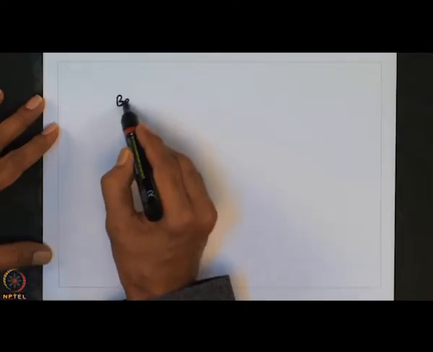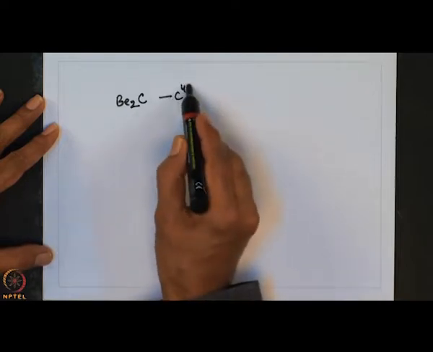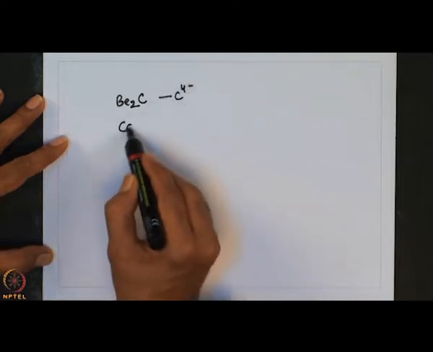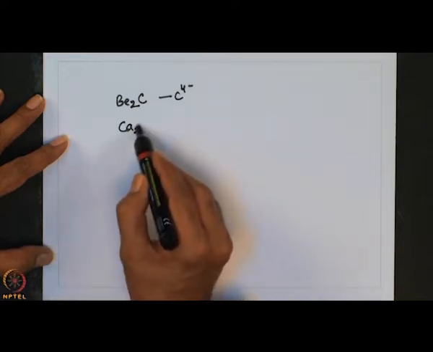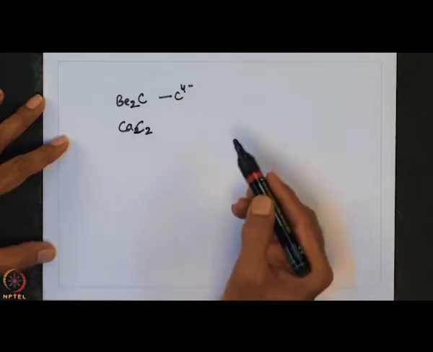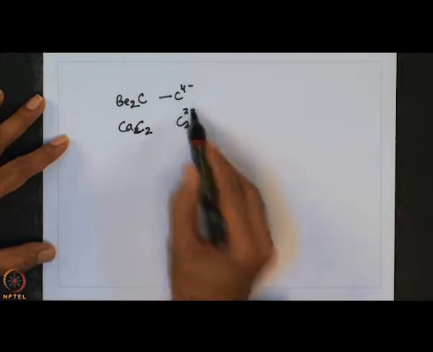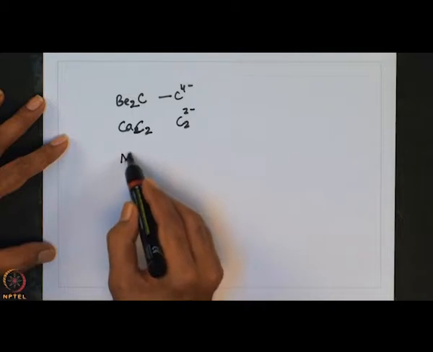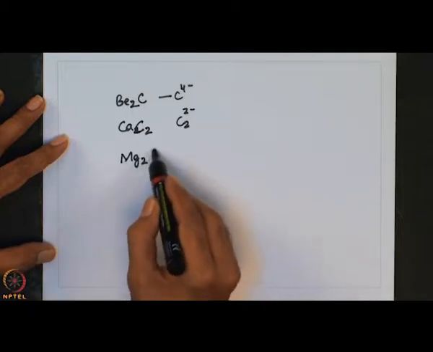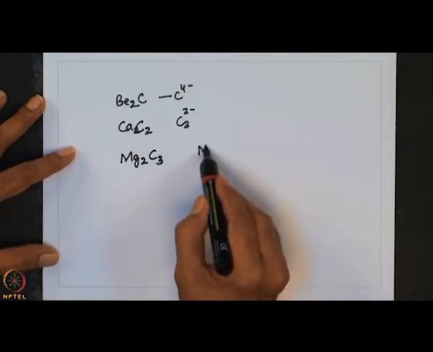I mentioned that it forms something like this, where we have C4 minus, whereas in case of calcium we have CaC2, so here we essentially have C2 2 minus, and similarly in case of magnesium one can make a compound having this composition, and the structure of this one can be written in this fashion.